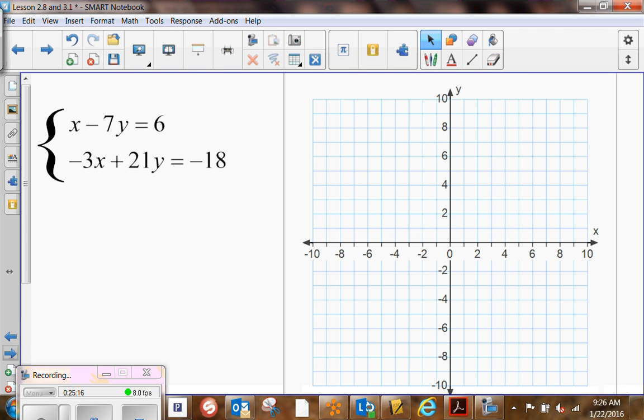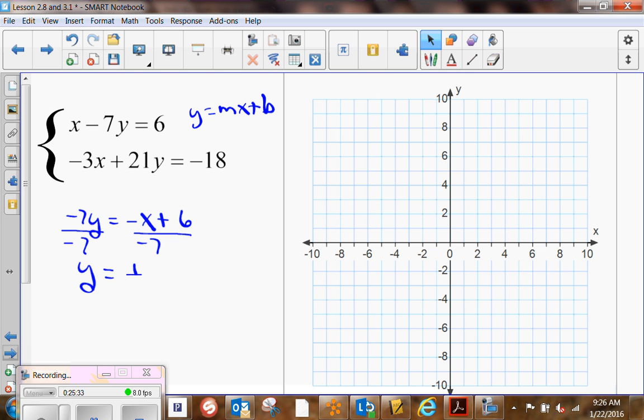Same thing here. I would solve each of these for y, put them in y equals mx plus b. So let's do that real quick. So this first one's going to be negative 7y equals negative x plus 6. Divide everything by negative 7. So y equals a positive 1/7x plus 6/7. Graph that.